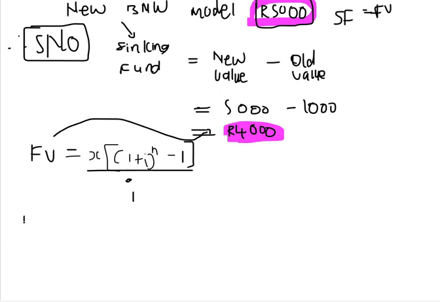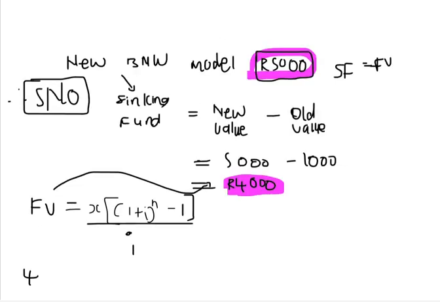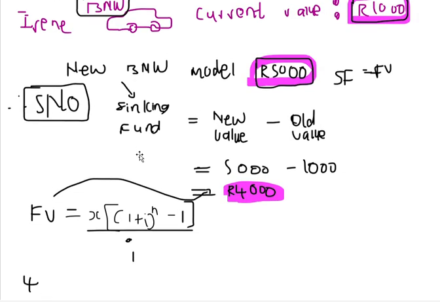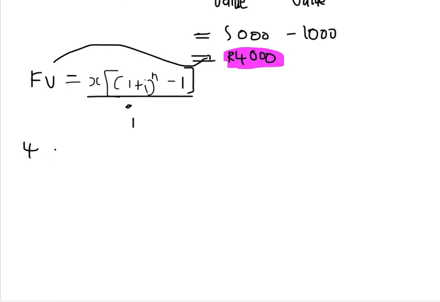So we already have the future value, and then depending on what information is given, you will calculate the monthly installments which you must make.